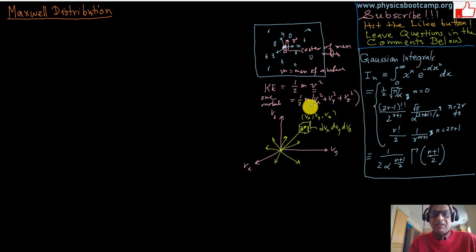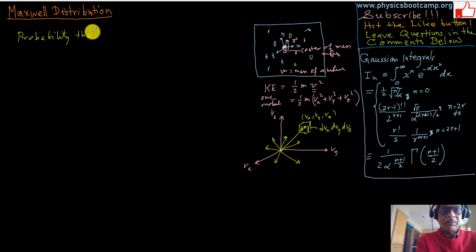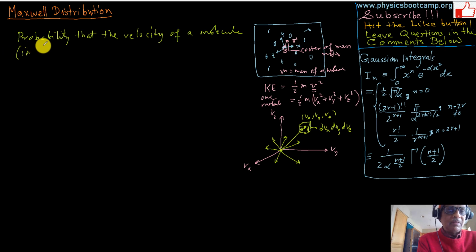So Maxwell's distribution says a probability that if I pick a molecule randomly, that the velocity of a molecule in a system at temperature T degree Kelvin.